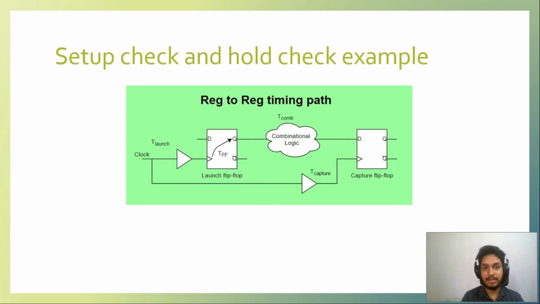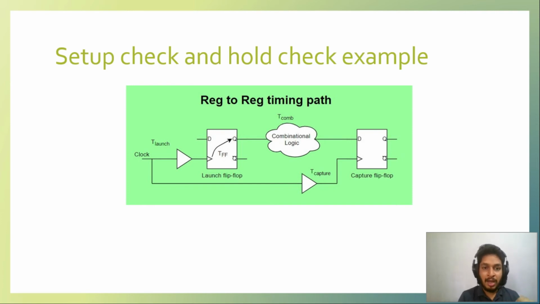Different types of timing paths are available in STA, which is static timing analysis. I'm not going too deep into those things, but if you consider this reg to reg path, there is a flip-flop here called the launch flip-flop, and a flip-flop here called the capture flip-flop, because the data is launched from this launch flip-flop and captured at this capture flip-flop. Now the clock is being supplied to both of these flip-flops, and there is a combinational logic in between.